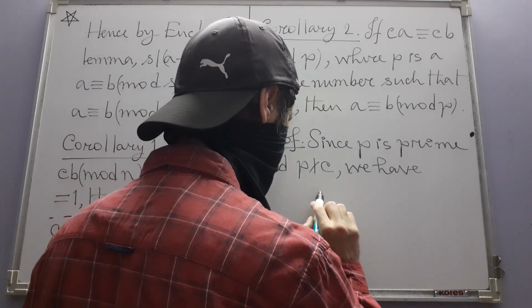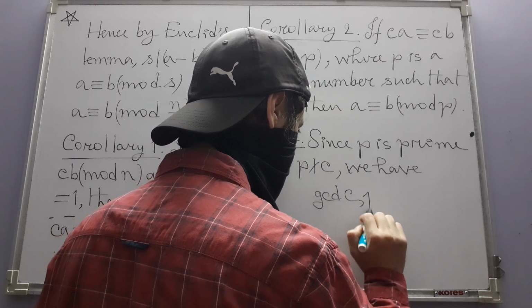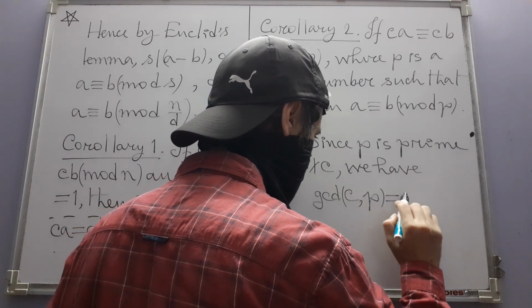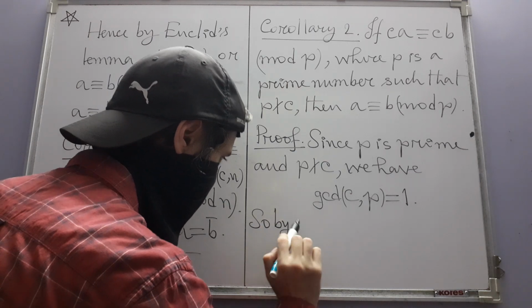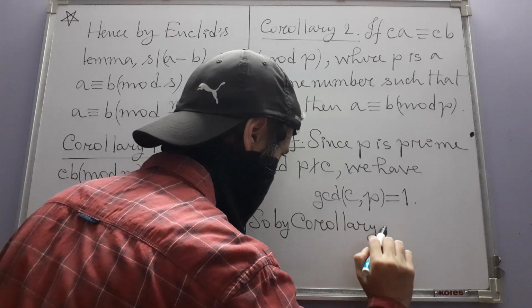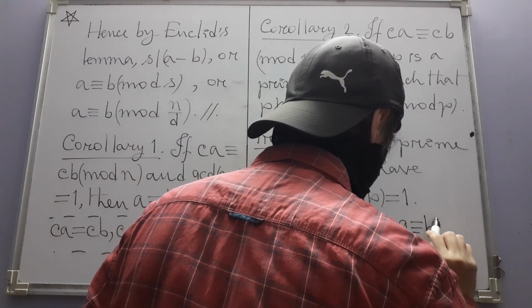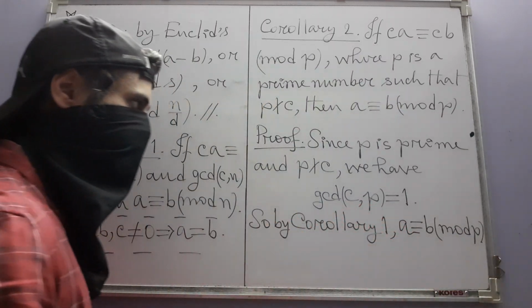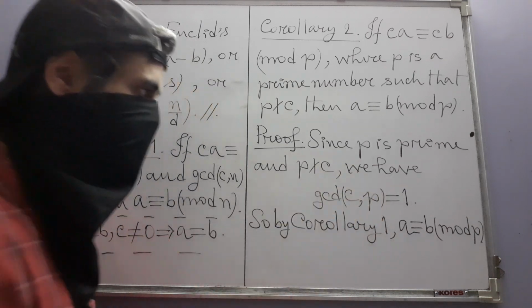We have GCD of C and P, or P and C, in any order you can write, equal to 1. So, by corollary 1, you have A congruent to B mod P.